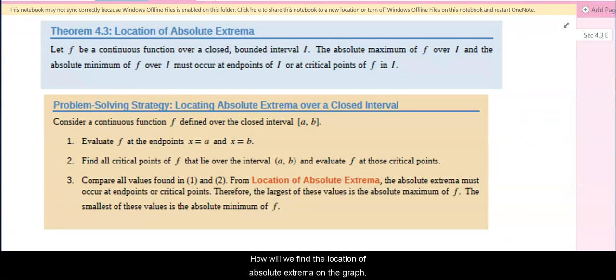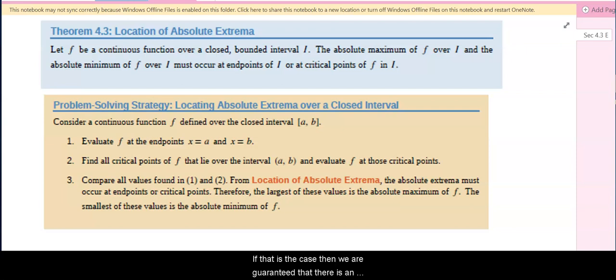How will we find the location of absolute extrema on the graph? To be guaranteed that the absolute extrema exist, remember that the function must be continuous, drawn without picking up the pencil, and that the interval must be closed on both ends and bounded, not going to infinity or negative infinity.